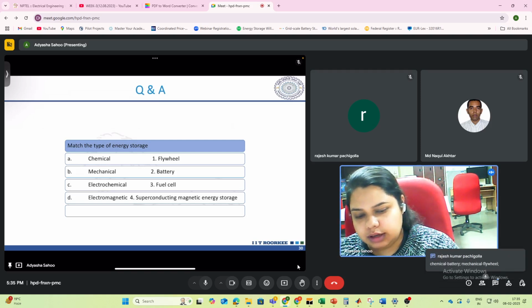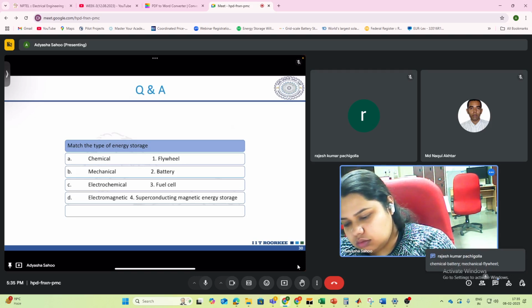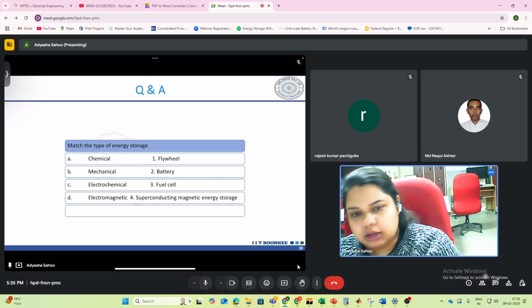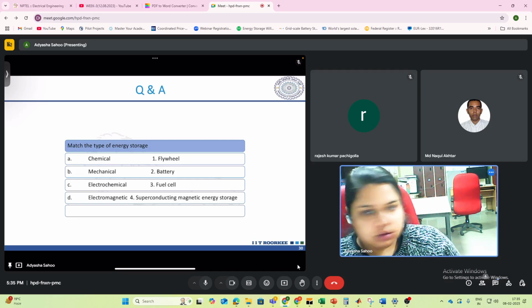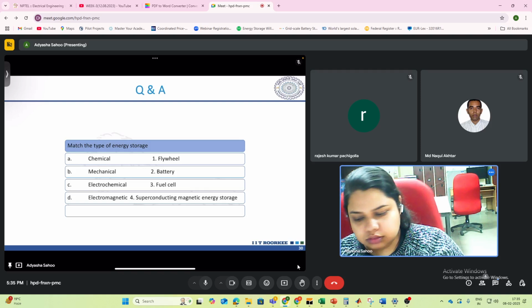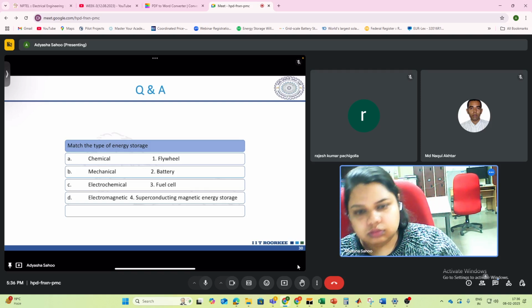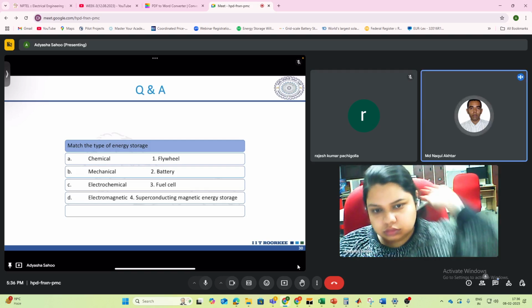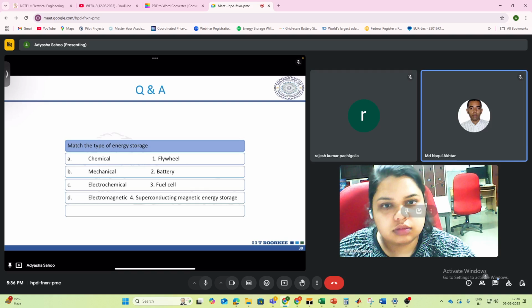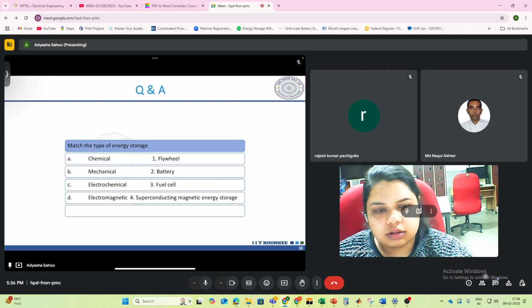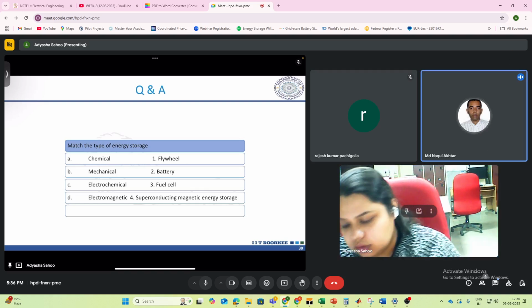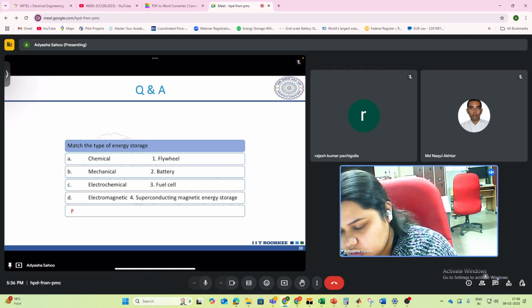Chemical is battery. So chemical, actually, battery is not purely chemical. So can you rethink? Sorry, fuel cell? Yes, that's right. So chemical is fuel cell.